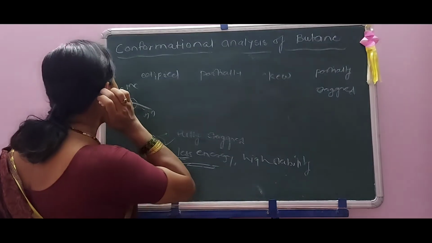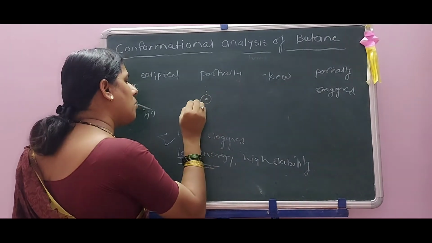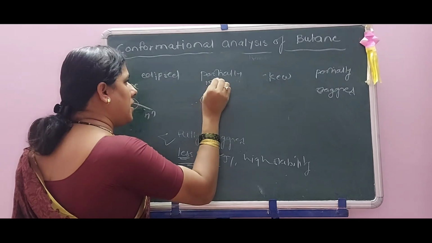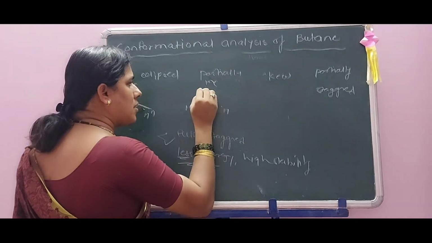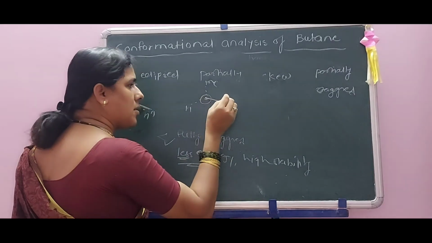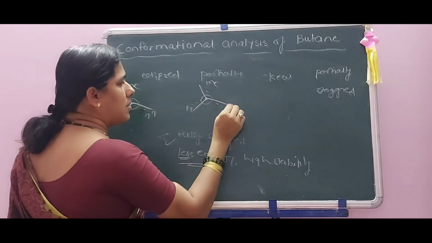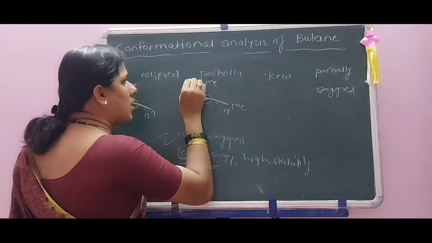Partially eclipsed is theta equal to 120 or 240 degrees. This is Me, H, H. Here partially eclipsed is 240 degrees. Here Me group, H, and H.